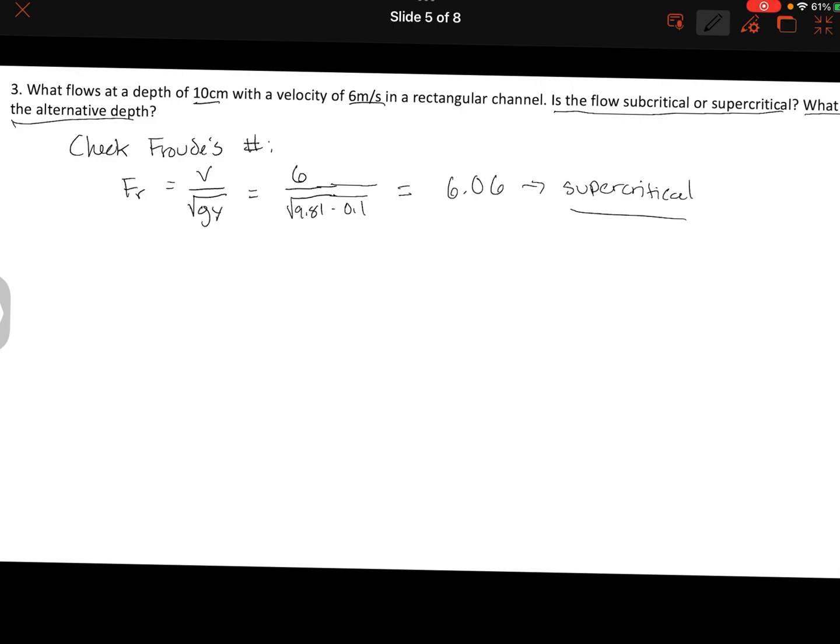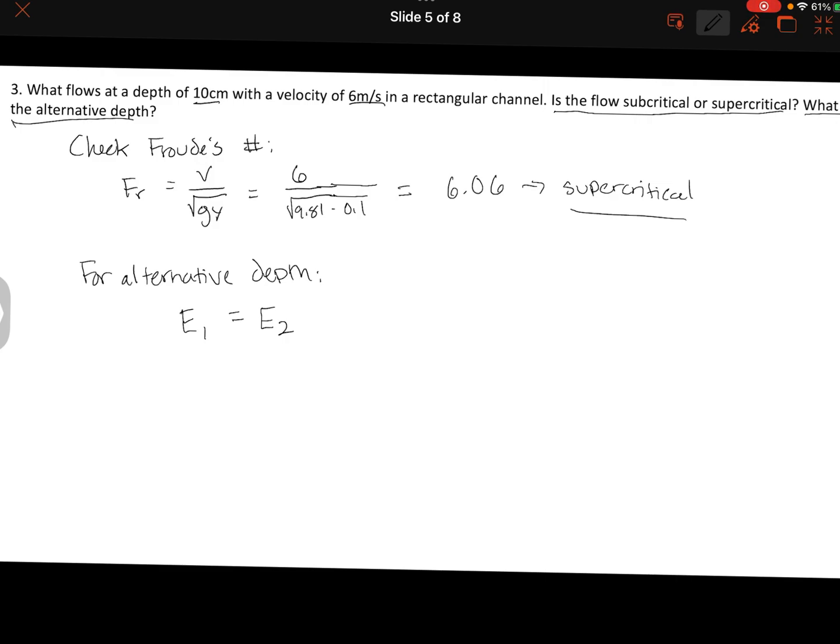So the same thing as before, to find this alternative depth, we want to make an objective function out of our conservation of energy and use that objective function to find an alternative value of y.